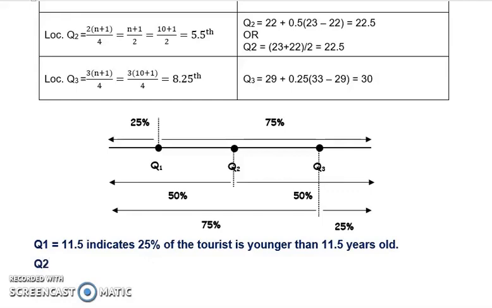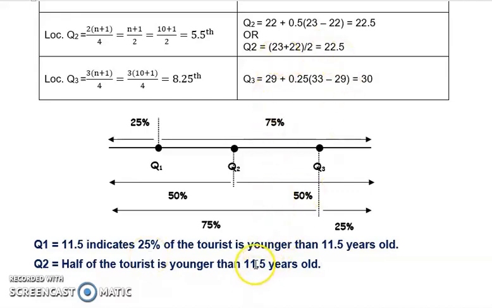So how about Q2? For Q2, 50% is more and 50% is less. Since it is 50%, we can say that half of the tourists are younger than the value, or that half of the tourists are older than it. Sorry, 11.5 is the value of Q1.